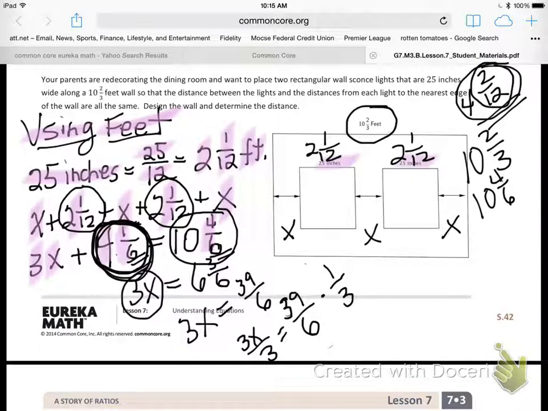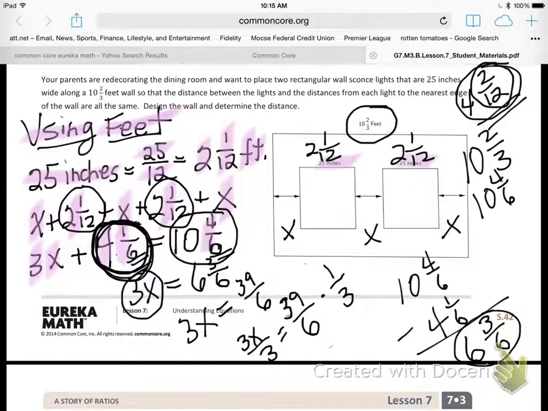Over here, 10 and 4/6 minus, again, another good reason to have this in like fractions, and this is easy too because this is 6 and 3/6. There may be occasions where I'd have to turn this into improper fractions before doing that, but anyway, that's the answer there. So now we're down to 3x equals 6 and 3/6.